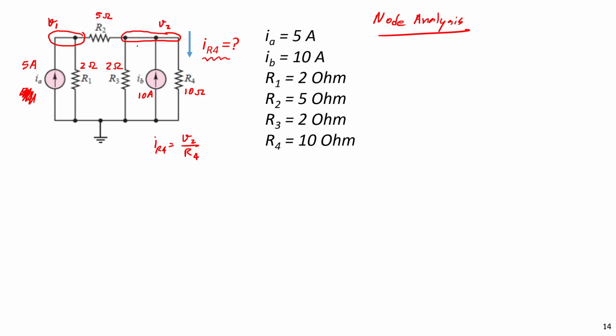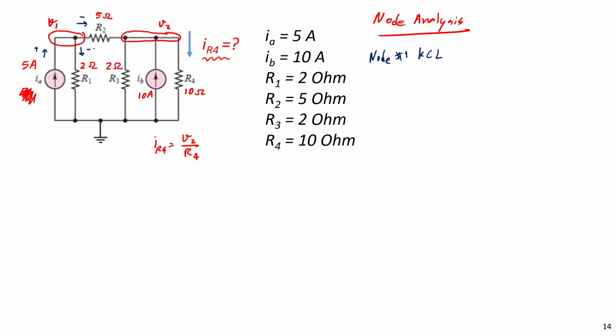We construct the equations to solve for V1 and V2. For the first equation, at node number 1, we take KCL. 5 amp flows into the node. If we denote current flowing into the node as positive, flowing out will be negative.